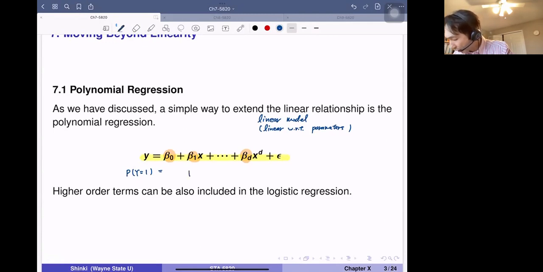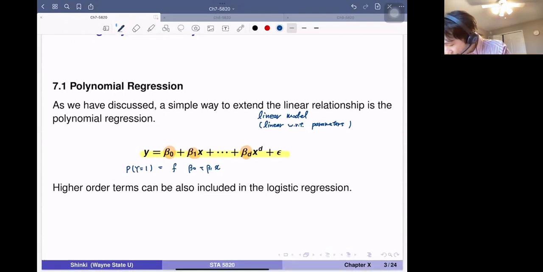In the logistic regression model, we originally have beta naught plus beta 1 x. Since the probability is between 0 and 1, we have a link function, the logistic function. So f of t is equal to e to the power t over 1 plus e to the power t.